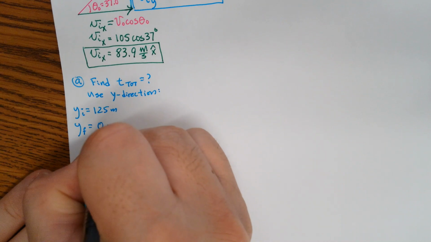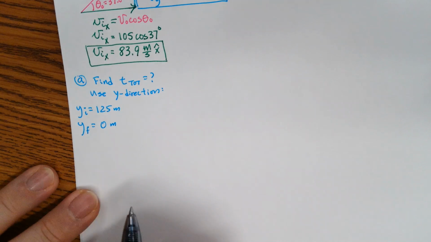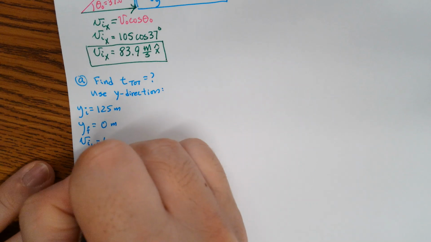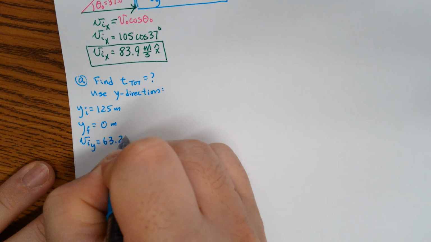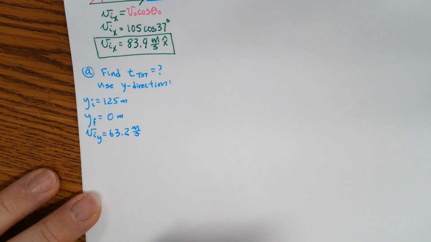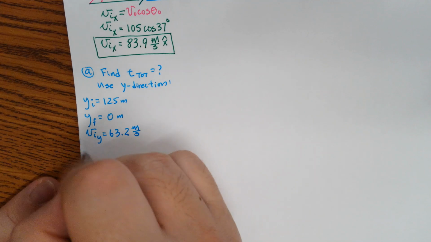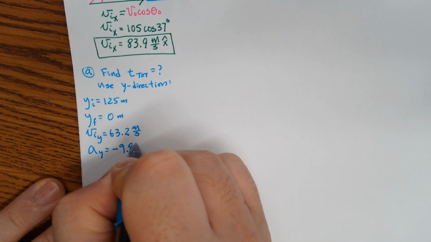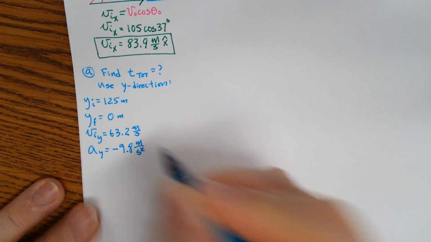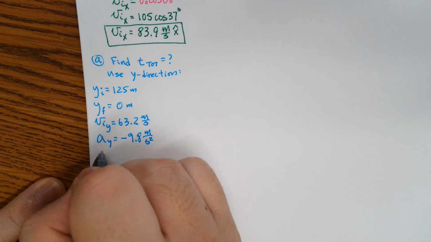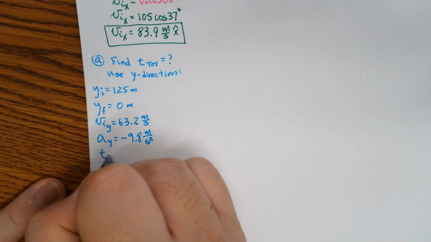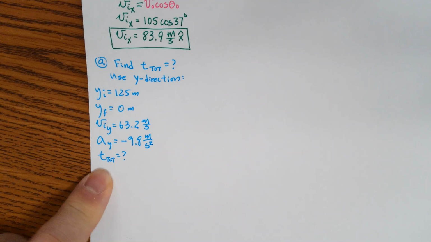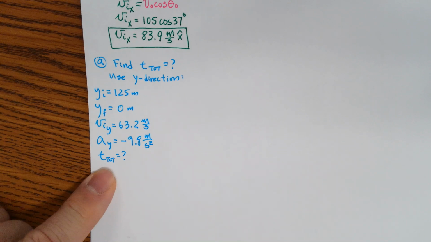So 0 meters. We know V_iy, we calculated to be 63.2 meters per second. We also know a_y is negative 9.8 meters per second squared. And I'm looking for time. The time at point P is the total time in the air, basically.